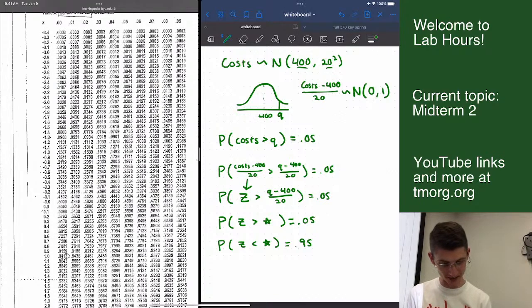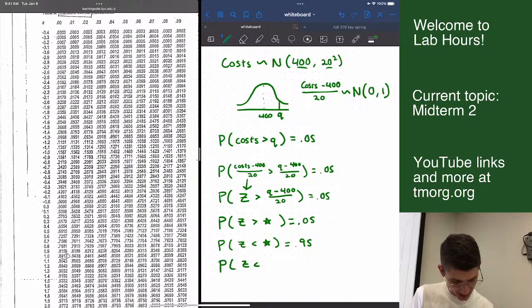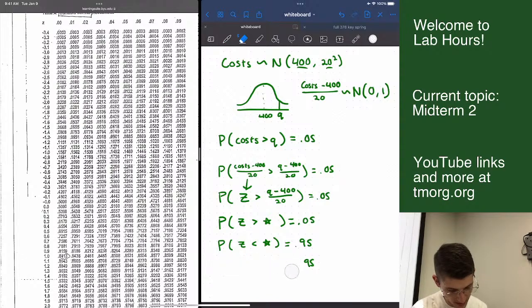So star in this case, we know that the probability that z is less than star, where star is equal to 1.64, is equal to 0.95, which is the same thing, I just want to throw out there, as saying that the probability that z is greater than 1.64 is equal to 0.05, right?